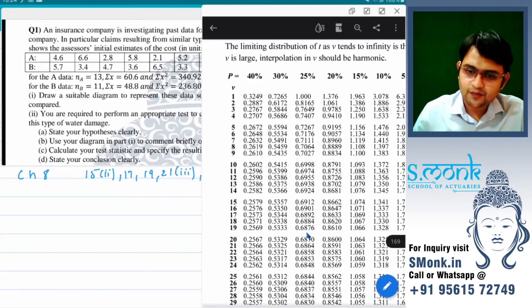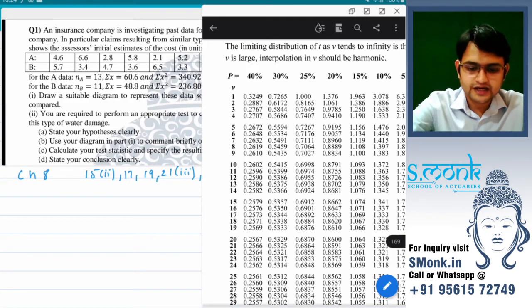So clearly 0.29 is beyond 40%. Okay, so our P value is beyond 40%. I'll write that P value is greater than 0.4, or you can write 40% as well, that works too, 40%.